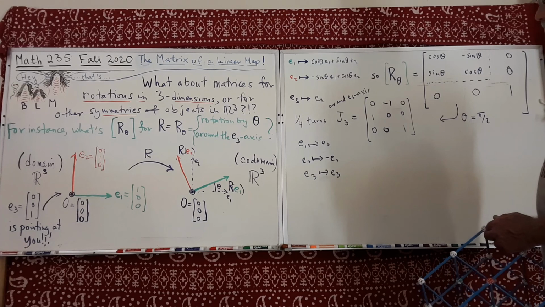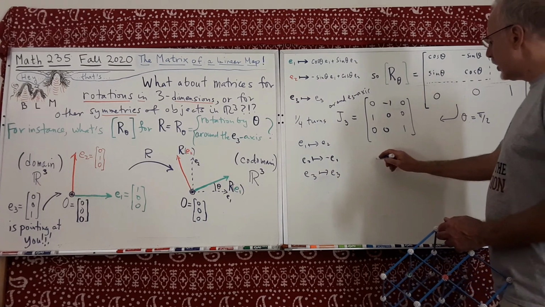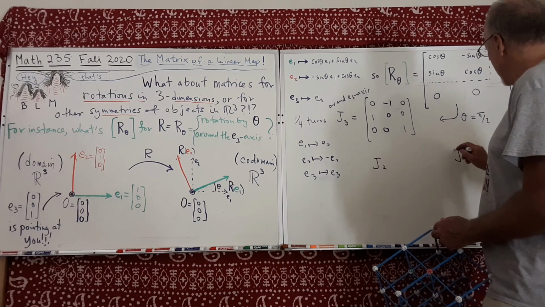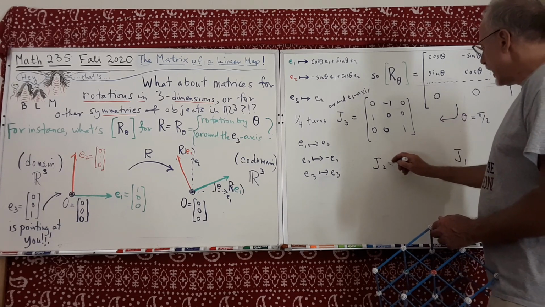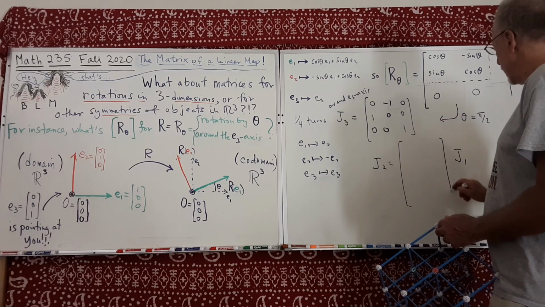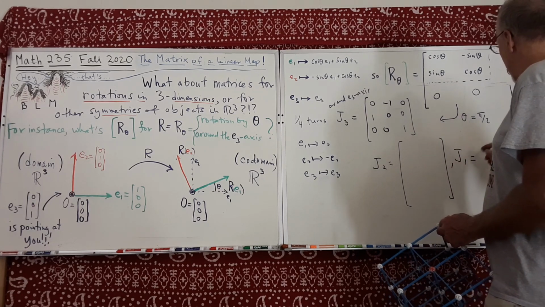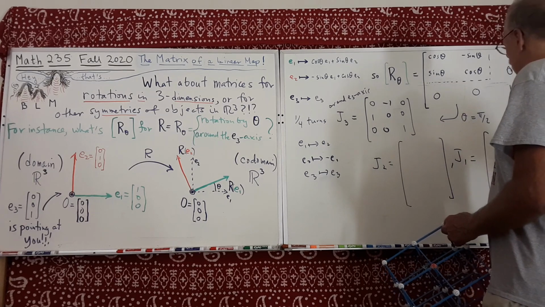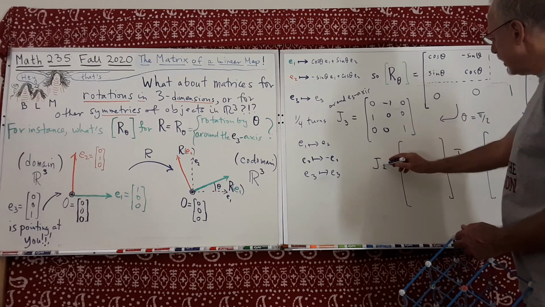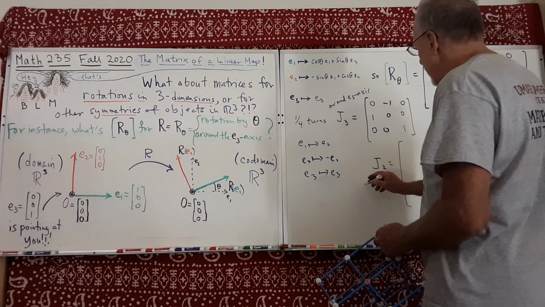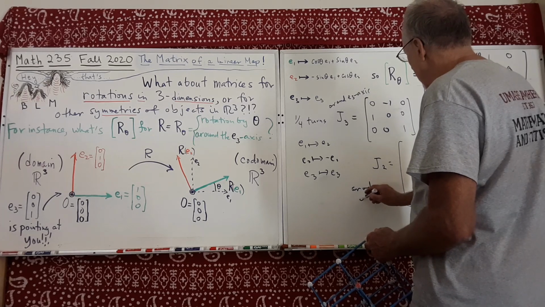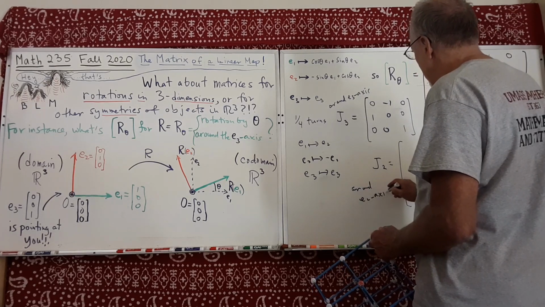Okay. What about the other ones? Well, there's another quarter turn J2 and another one J1, where again the axis indicated by this is fixed, so that's going to have, say, E2 is fixed. So this is around the E2 axis.